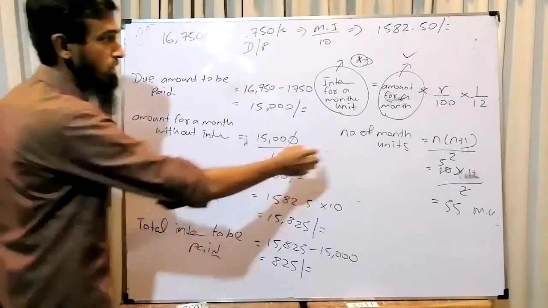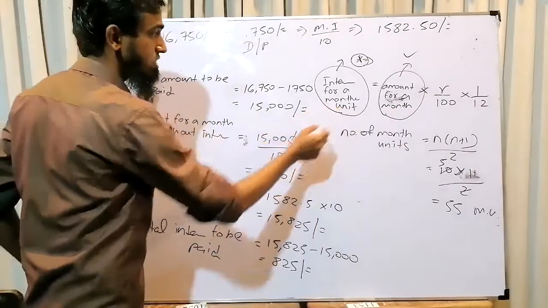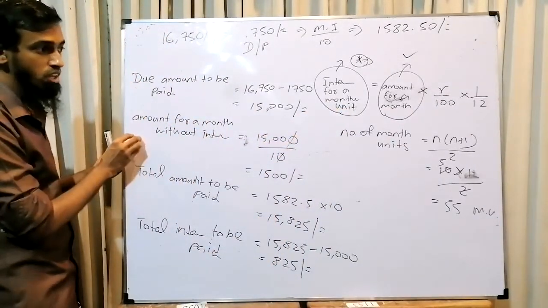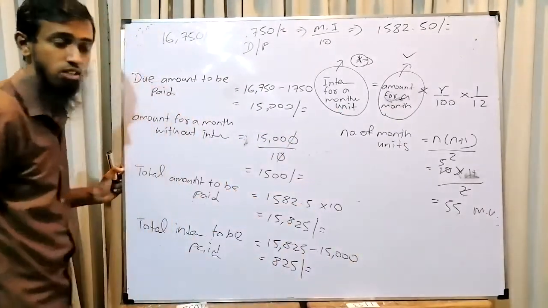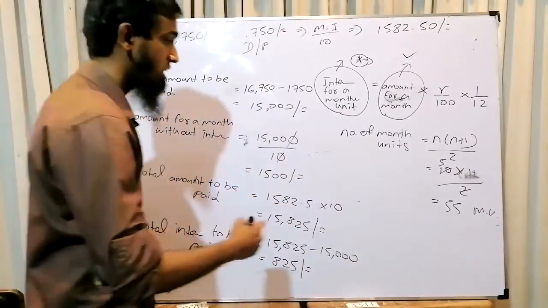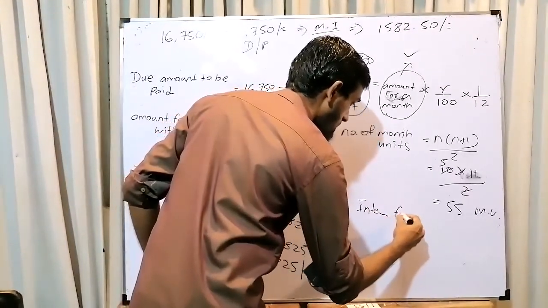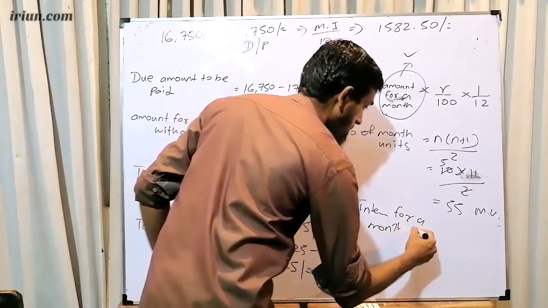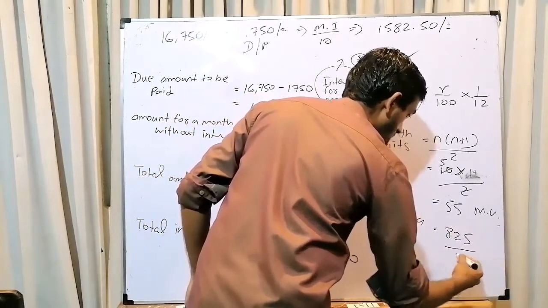So we found the initial one, amount for a month, and we need this. So amount for a month, these two steps, interest for a month unit, these three, and we have another step to go. So interest for a month unit is 825 divided by 55.